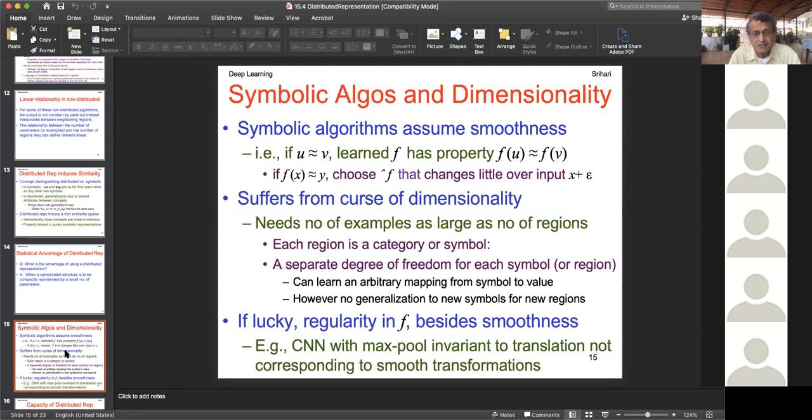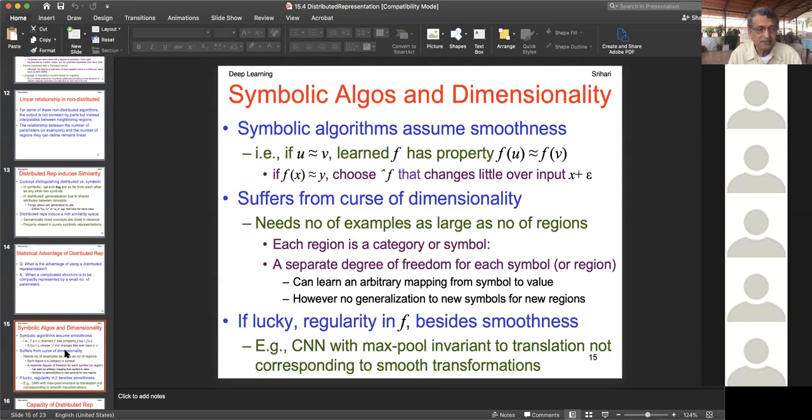And this suffers from the curse of dimensionality in that the number of examples needed is as large as the number of regions, and each region is a category or a symbol, and a separate degree of freedom is associated with each symbol. Although we can learn an arbitrary mapping from symbol to value, there is no generalization to new symbols or new regions.